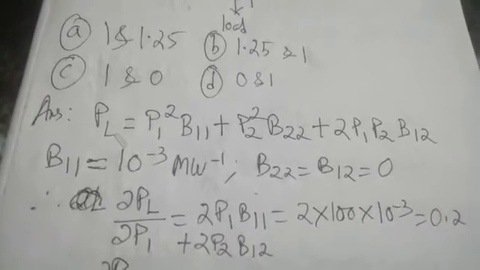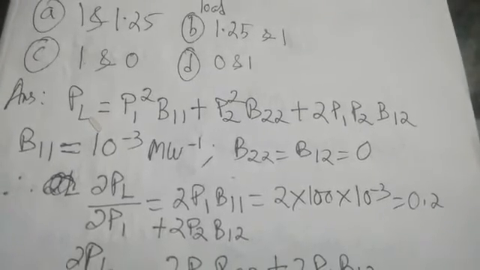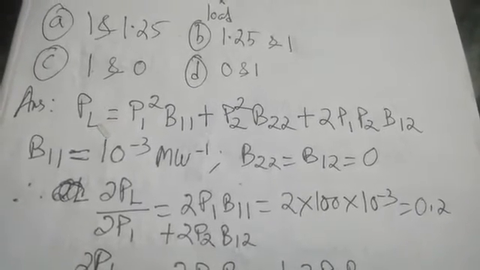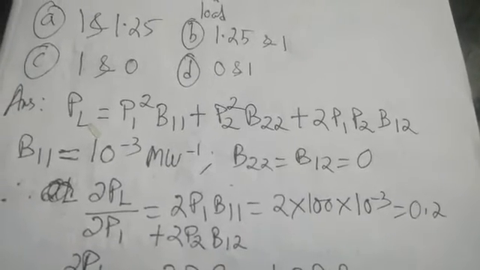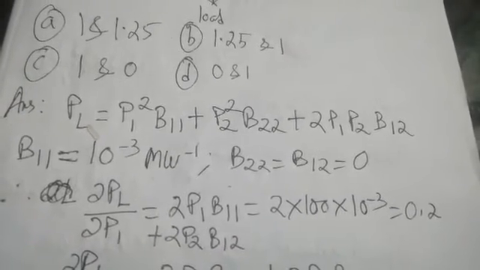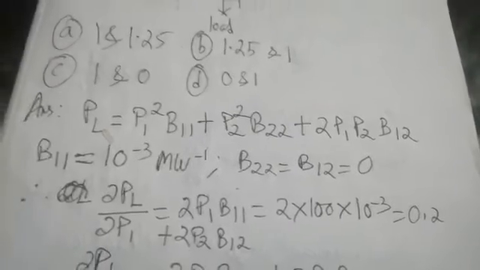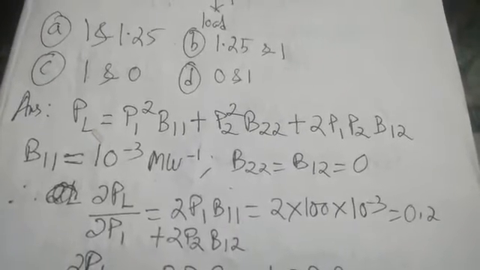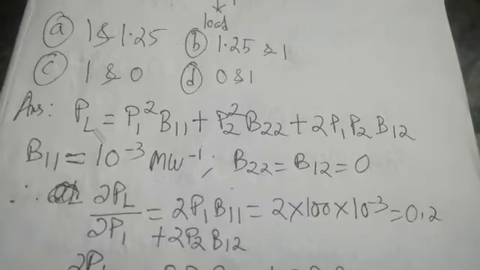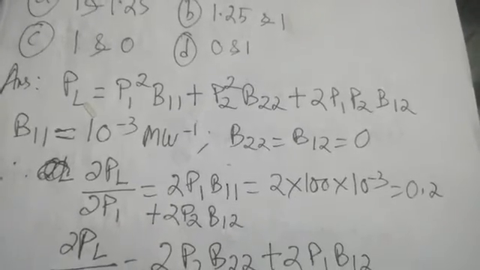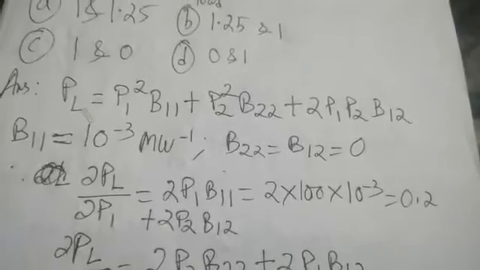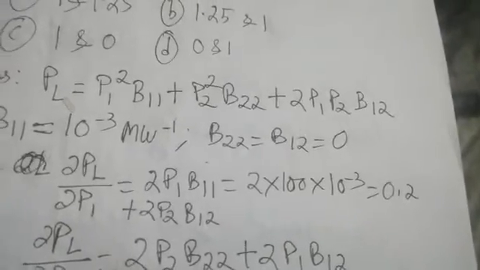So del PL by del P1 equals twice of P1 B11 plus twice of P2 B12. It equals 2 into 100 megawatt, the value of P1 given in the question, into B11, which is 10 to the minus 3, plus 0, because B12 is 0. So ultimately del PL by del P1 comes out to be 0.2.